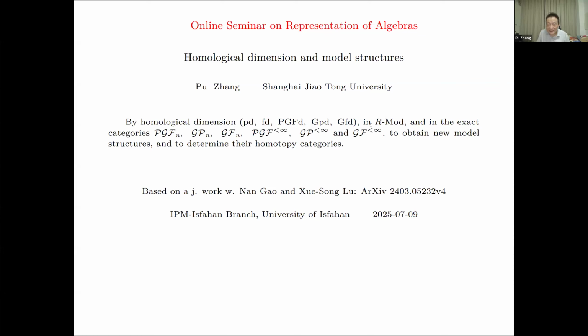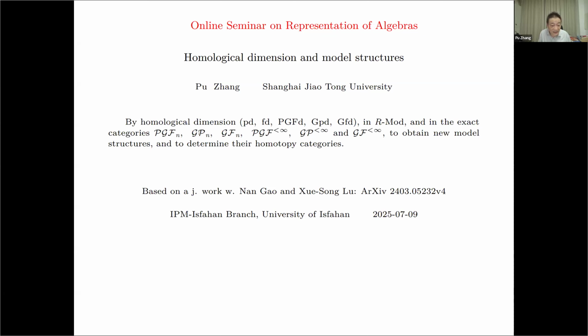So in the module category of a ring, or in this exact category. This exact category means, for example, PGF_n means the modules with PGF dimension no more than n, where n is a non-negative integer.